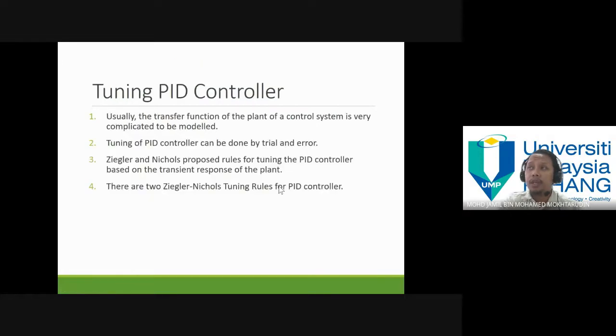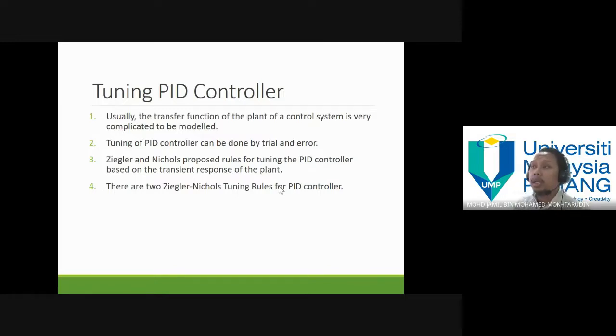But most of the time, in real cases, we don't know the transfer function or its equation. So it's difficult to perform analysis like root locus or Routh-Hurwitz criteria to determine the stability of the plant.